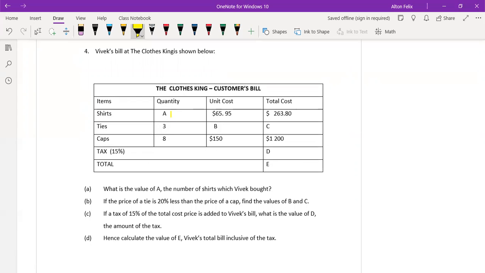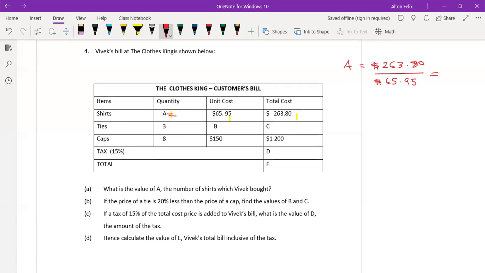So whatever the quantity is multiplied by unit price will give you the total cost. So if we have to find the quantity, in this case, A, we're going to take this value. So the value for A, which is the quantity, would be total cost, 263.80, and we're going to divide that by the unit price, 65.95.